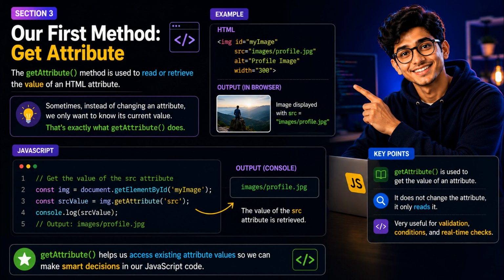Section 3. Now let's learn our first method for working with HTML attributes, getAttribute. As the name suggests, getAttribute is used to read or retrieve the value of an HTML attribute. Sometimes, instead of changing an attribute, we only want to know its current value. That's exactly what getAttribute does.